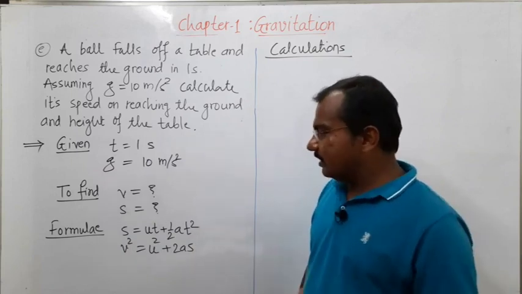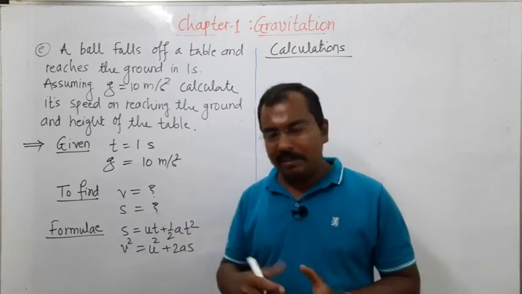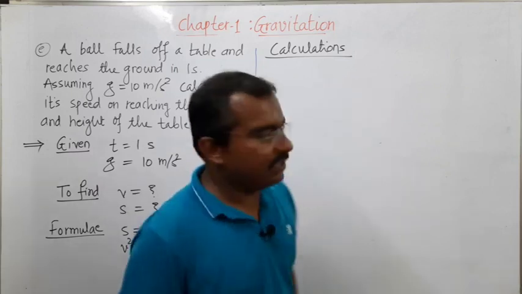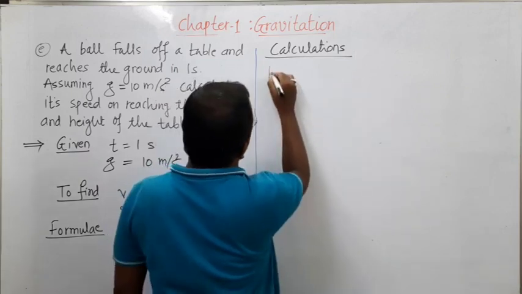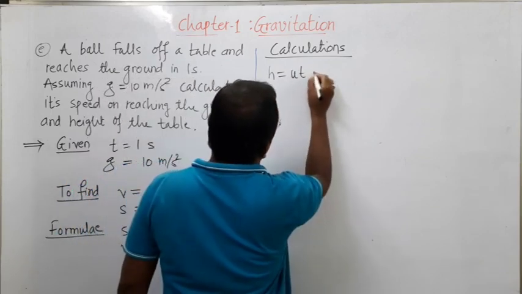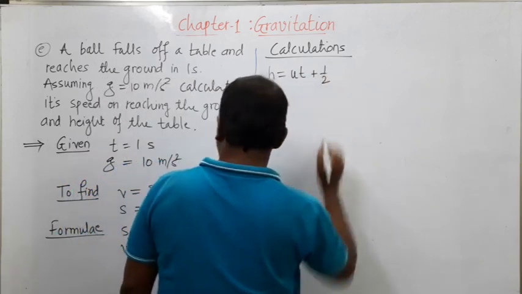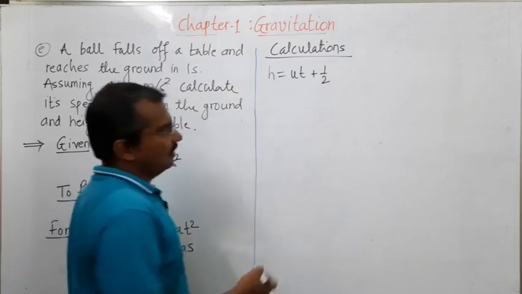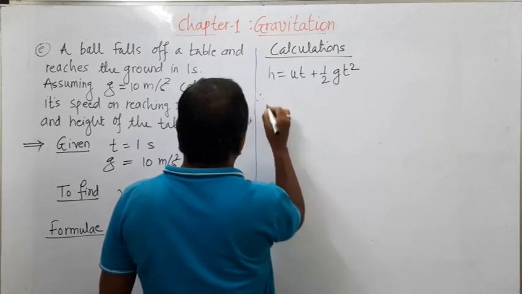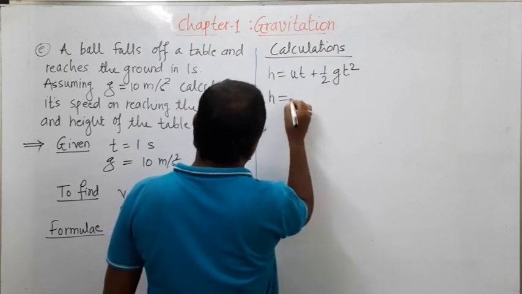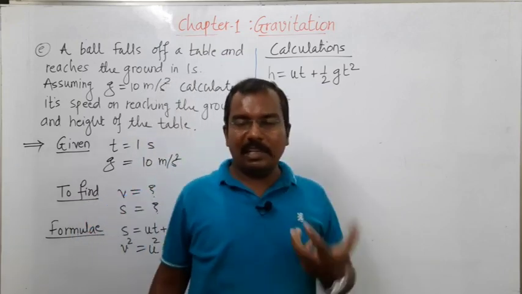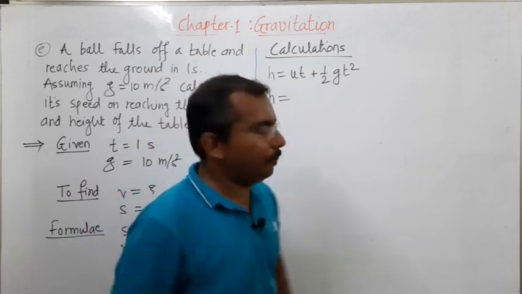So first let's calculate the height or the distance. And for this we will use the second equation. The formula is h is equal to ut plus 1/2 gt square, where g is acceleration due to gravity. Put the values. We have to calculate h. Therefore h is equal to u. The ball is on the table, so its initial velocity is 0.